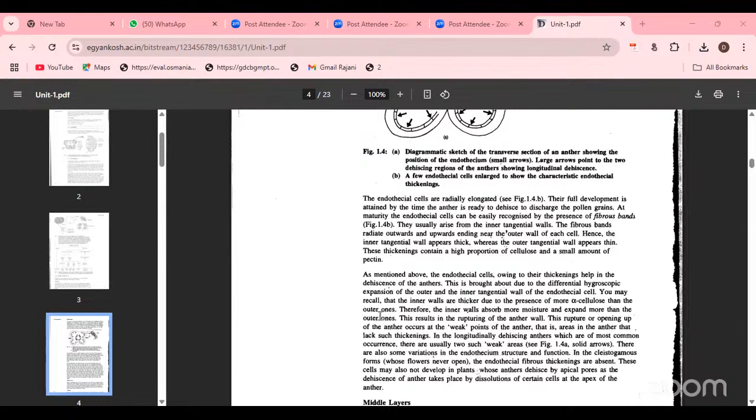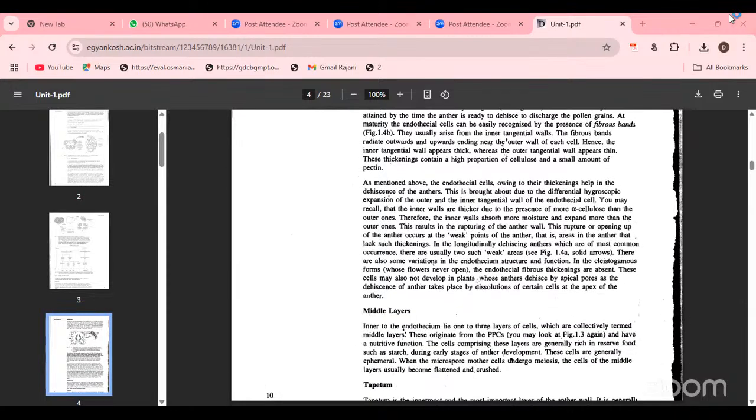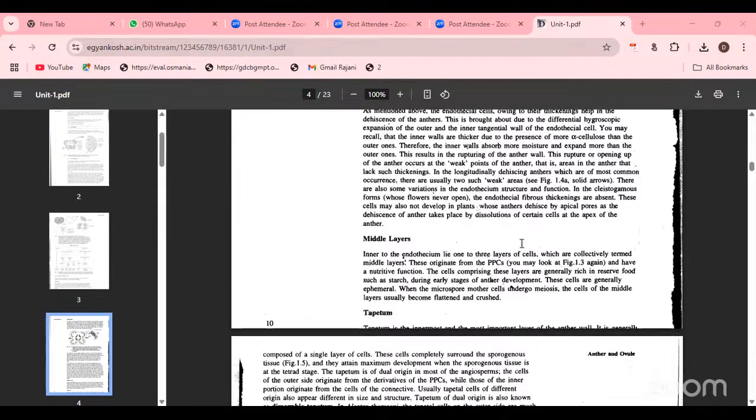This is called the endothecium. The third layer is called the middle layer. Inner to the endothecium lie one to three layers of cells, which are collectively termed the middle layer.